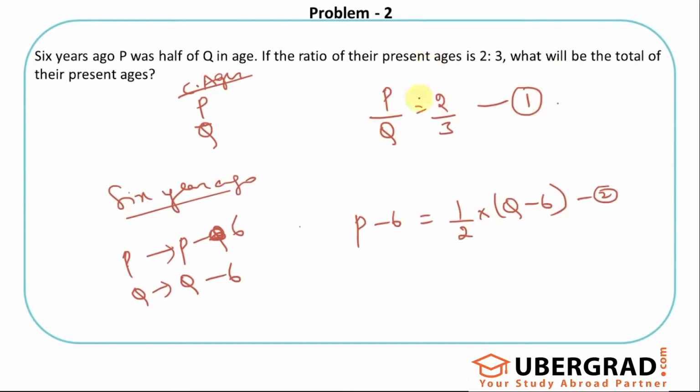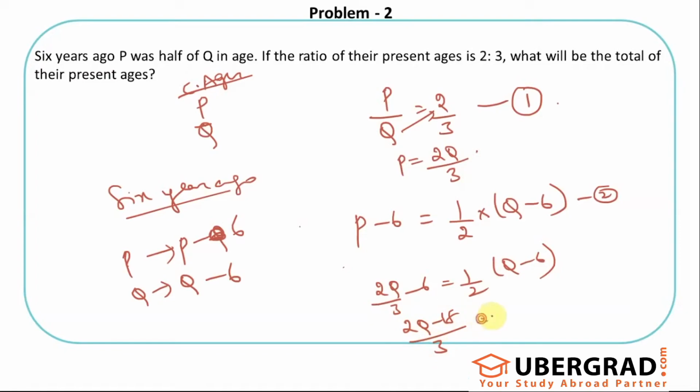So let me use this. What is P? Q goes this side. P will be 2Q by 3. Let me substitute it here. 2Q by 3 minus 6 is equal to half into Q minus 6. So 2Q minus 18 by 3 is equal to Q minus 6 by 2. I cross multiply.